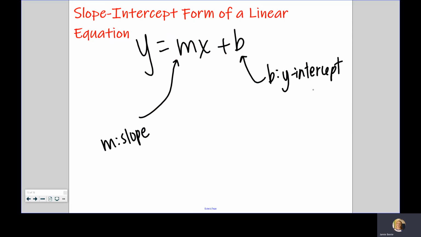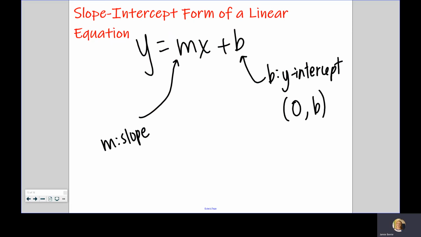And typically we will write the y-intercept as a coordinate pair, so you'll see it written as 0, b. The y-intercept is where the graph crosses the y-axis. So if we're on the y-axis, our x value must be 0, and b is our y value, our y-intercept.